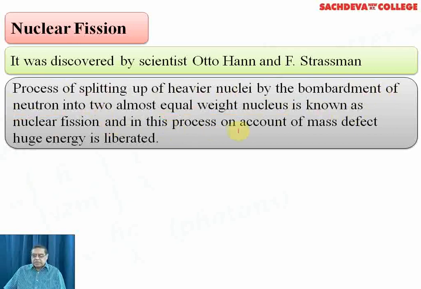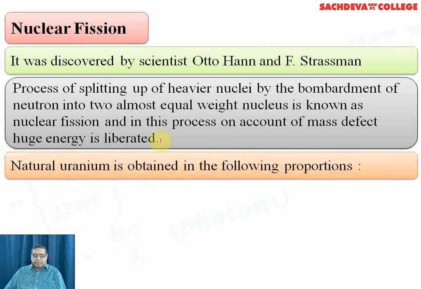And in this process, on account of the mass defect, huge energy is liberated. More elaborately, uranium-235 is a heavy nucleus. It is bombarded by slow neutrons, and then there is formation of uranium-236, which splits up into two light nuclei like barium and krypton with 3 neutrons and 200 MeV of energy per atom.